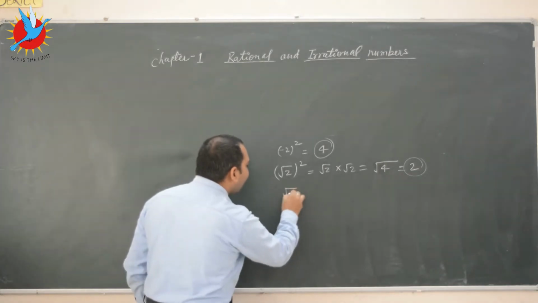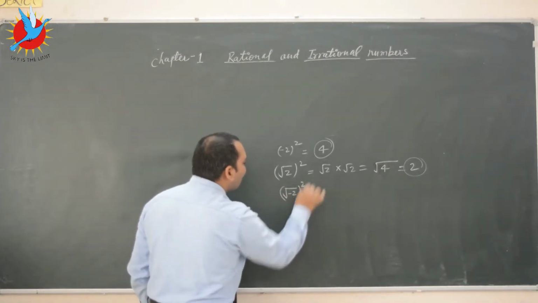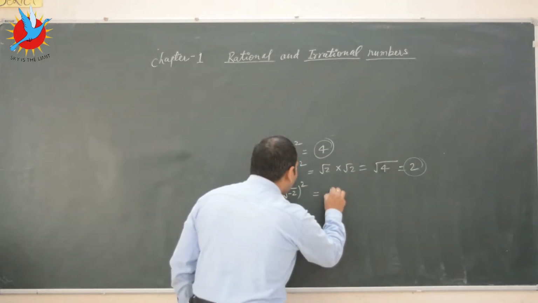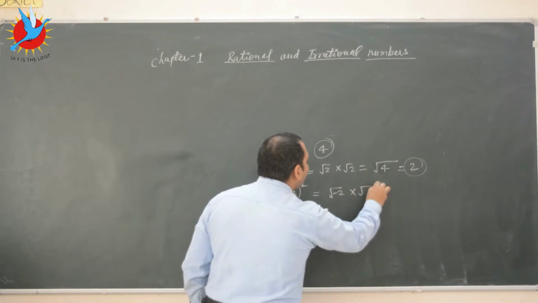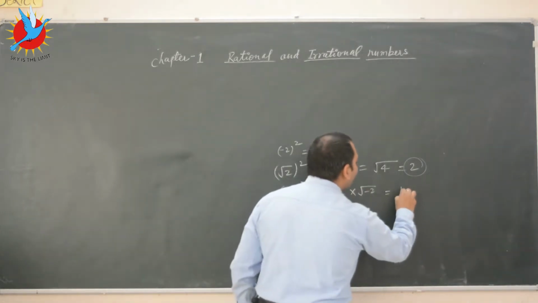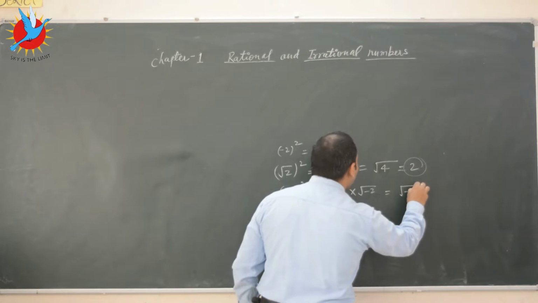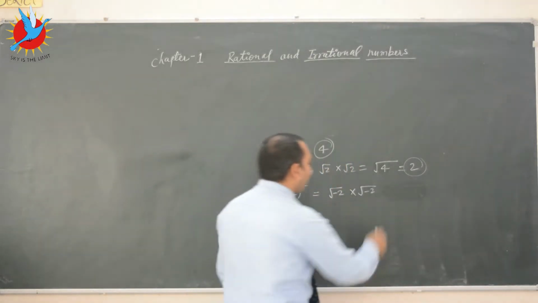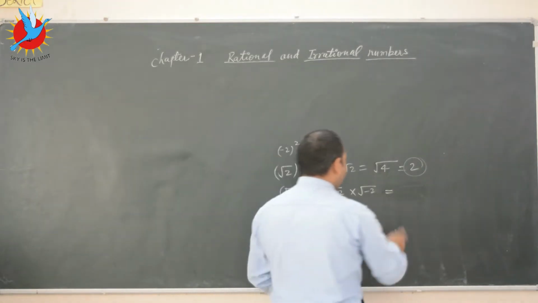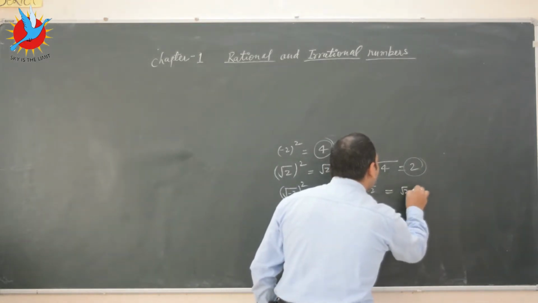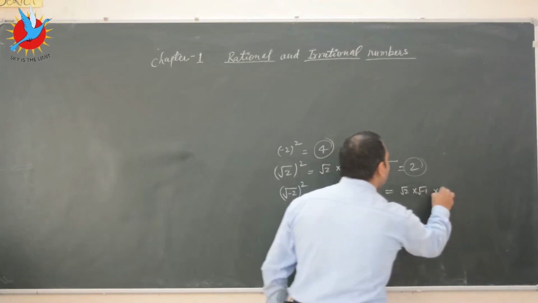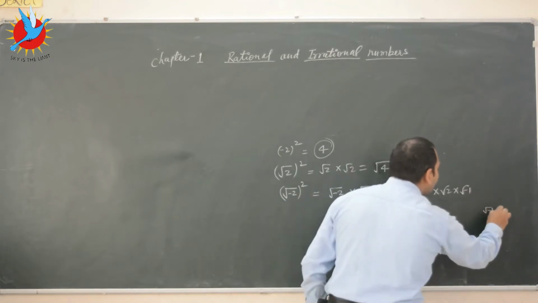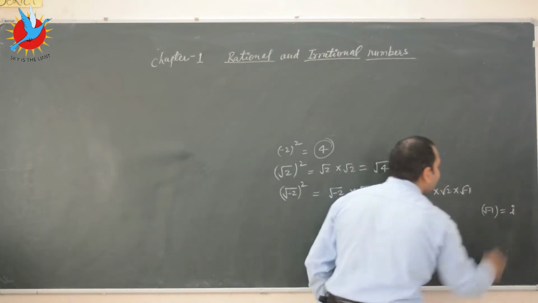If we take the square of -√2, hmm, consider √-2, which is √2 into √-1, and the value of √-1 is i, the imaginary number.